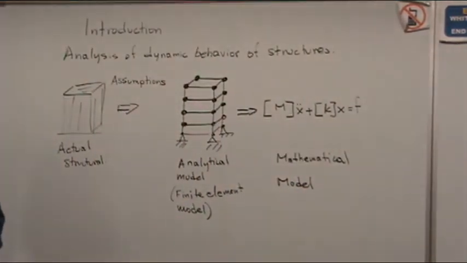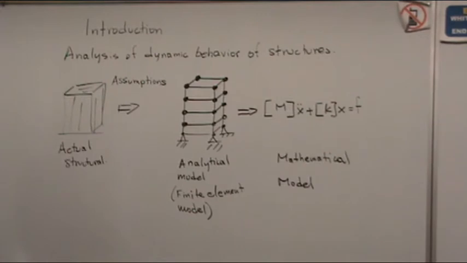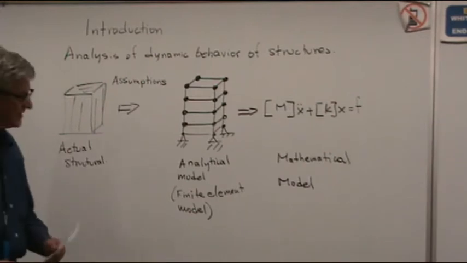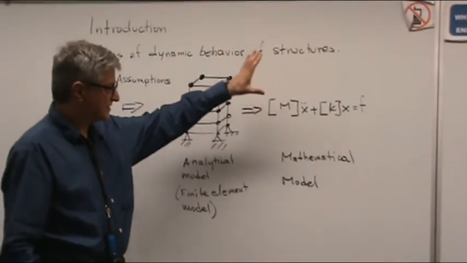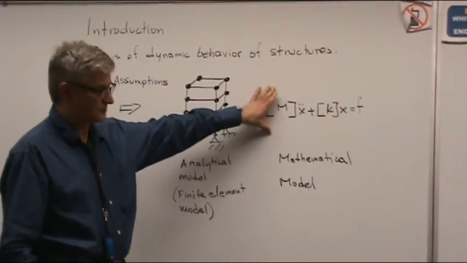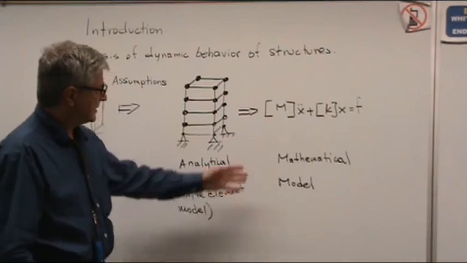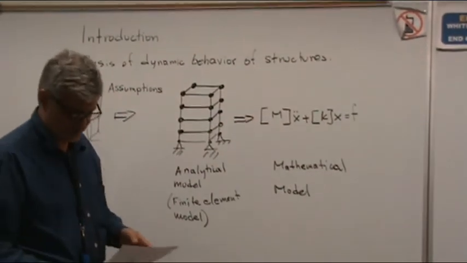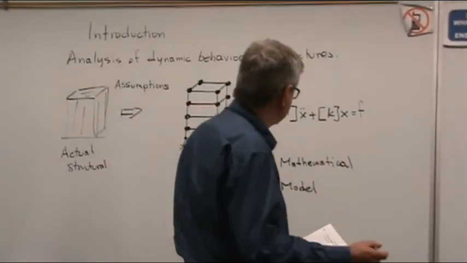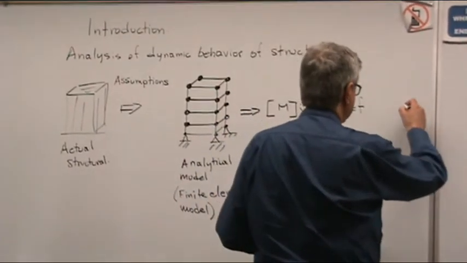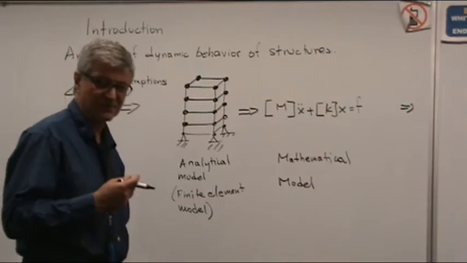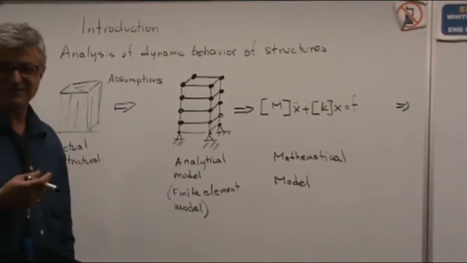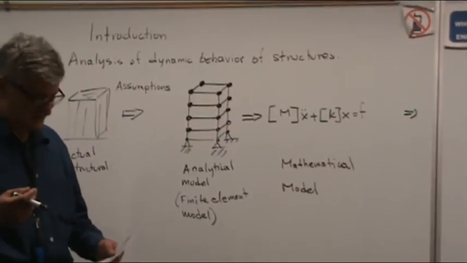This is the mathematical model. Okay. Once you have the mathematical model, which could be just a single equation or maybe hundreds or thousands or millions of equations, you have to solve these equations. And in practice, if you have a real life system, you cannot afford to solve it by hand or using your calculator.